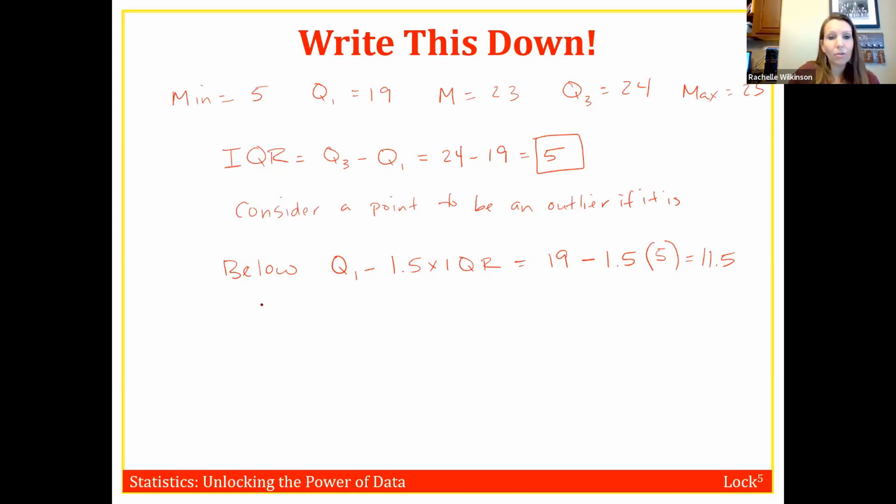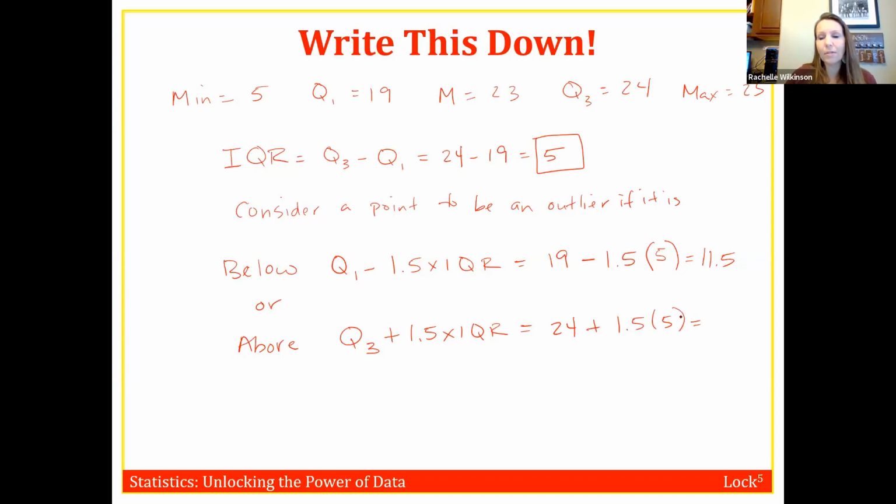Okay, let's also look at the other part of the rule, which says we're going to consider something an outlier if it is above Q3 plus 1.5 times the IQR. So for this data set, Q3 was 24, plus 1.5 times the IQR, which is 5.